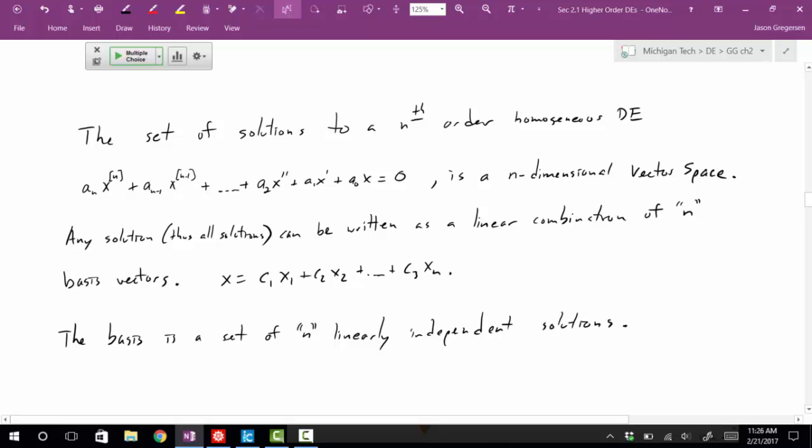And so you can think back to linear algebra. I remember you used to give me two vectors and I had to show whether they were a basis or not a basis. We had to check for independence. We're going to have a similar test here. And it's kind of a review if you're connecting it to the linear algebra. We're going to have to test to see if these two solutions are independent or not, to see if they really form the whole family of solutions.